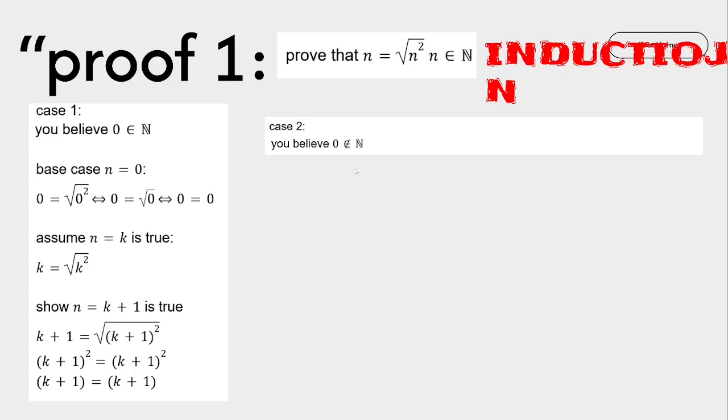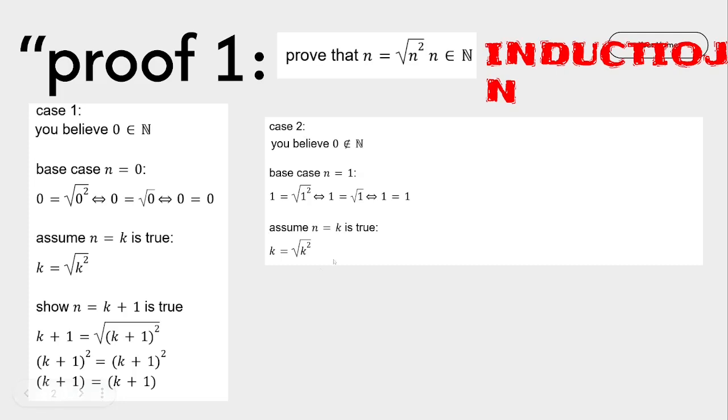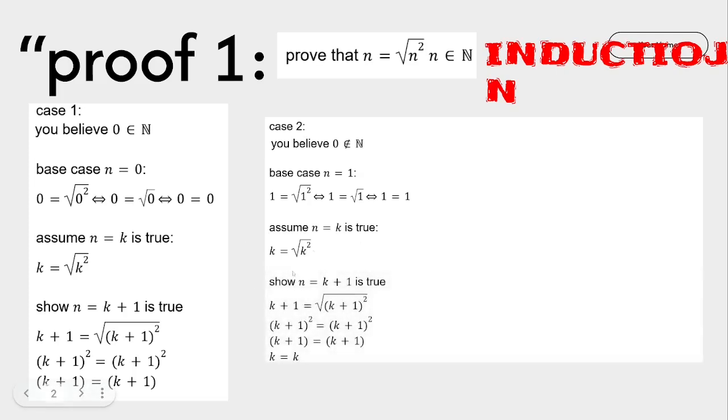Case 2 is if you believe 0 is not a natural number, in which case the base case is going to be n equals 1, because that's the first natural number after 0. And you get 1 equals 1 when you do the algebra, which is true, which means that the base case is true, which means we can now show, assuming that n equals k is true, we can show that n equals k plus 1 is true.